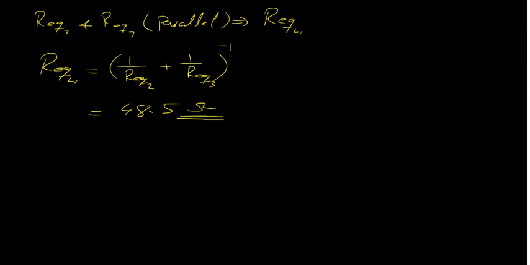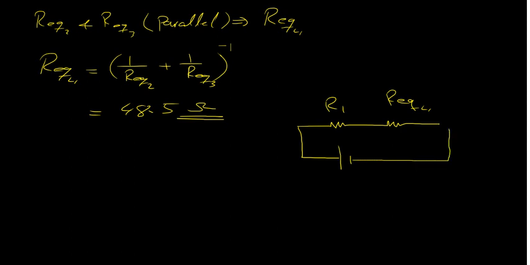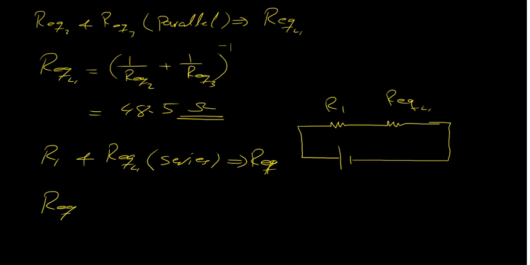Now our circuit looks like this. That's R equivalent 4, and this is R1, and of course we have our battery. And now we can see that resistor 1 and the resistor equivalent 4 are in series, and they will give me the total resistance of the whole circuit, which is we just add them up.